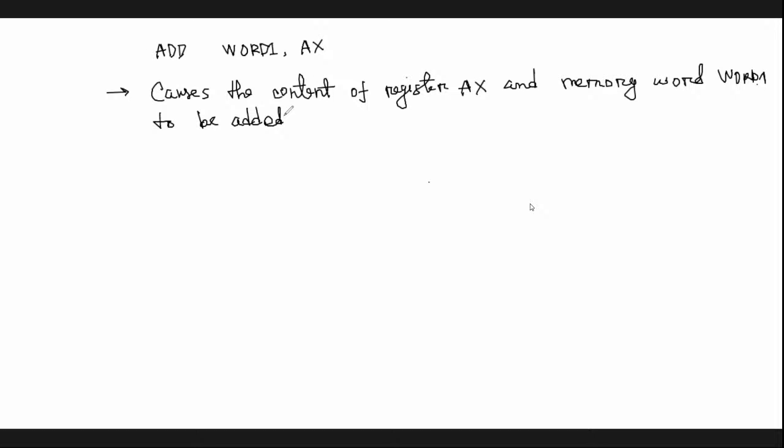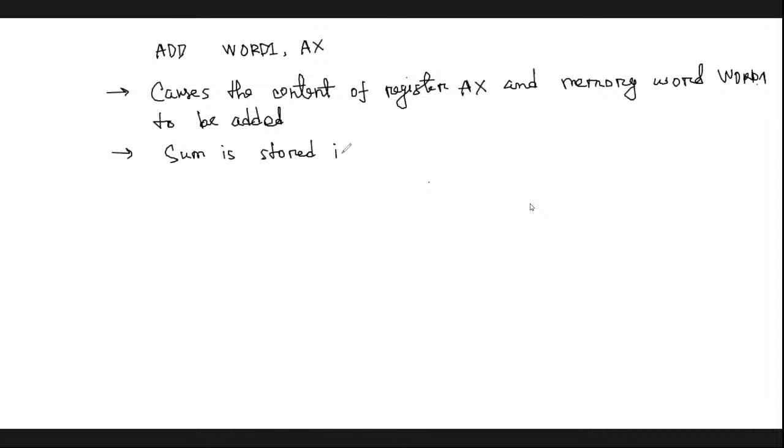And where will the sum be stored? Can you say where the sum will be stored? X. Yes, so sum is always stored in the destination. That is the first element. So here you are not correct. Why did you say X? The sum is stored in word 1. Yes, so sum is stored.